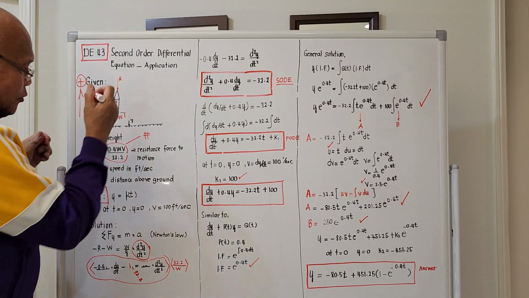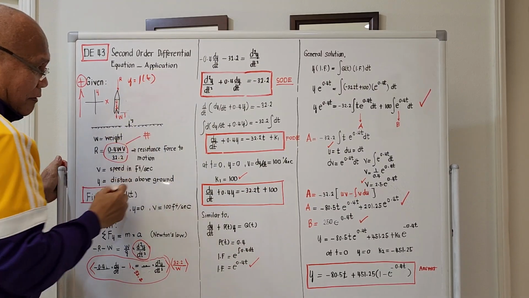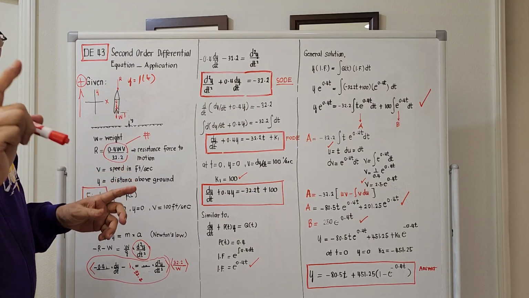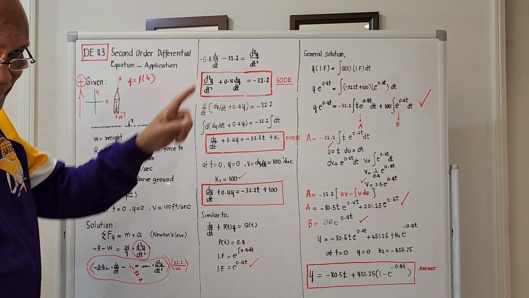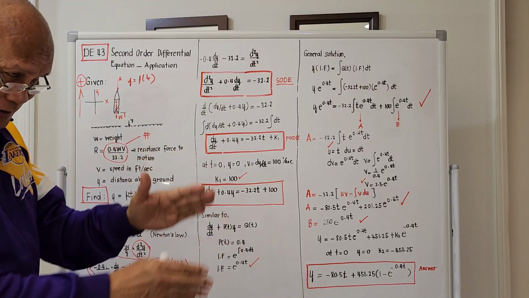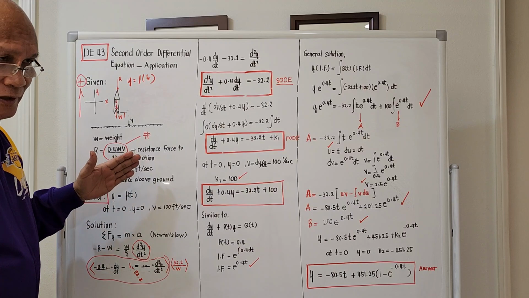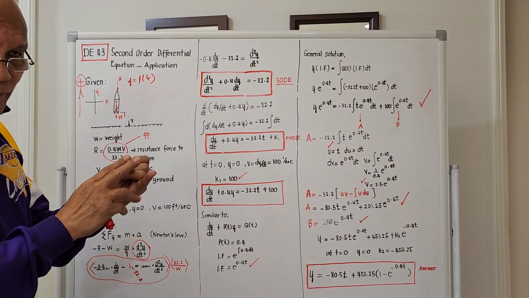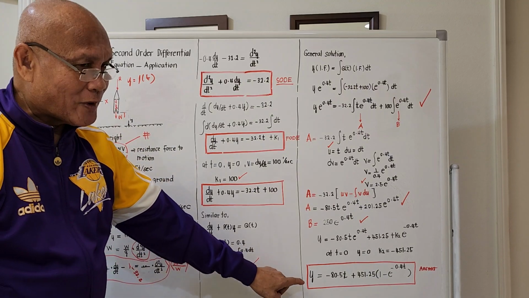To solve for y as a function of time, we have to integrate two times, second order. So there should be a first integration, and after the first integration, there should be a second integration. Okay? And after the two integrations, we will compute for k1 and k2. That's the only time we can solve for y as a function of time.